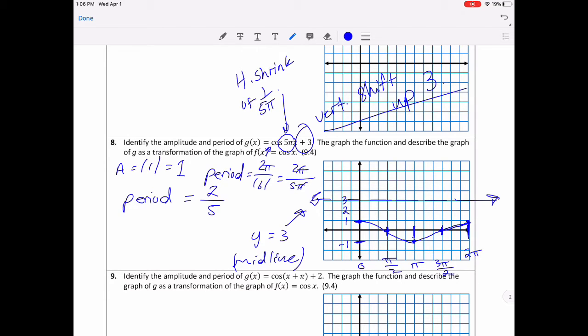Okay. Then, what do we do with our period? Well, we divide it into how many parts? You got it, 4 parts. Well, dividing by 4 is the same as multiplying by a fourth, if I want to look at it that way. So, 2 over 20, which equals 1/10.